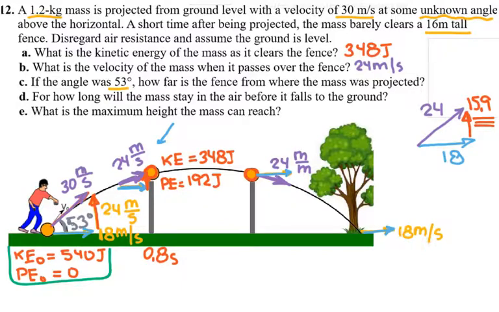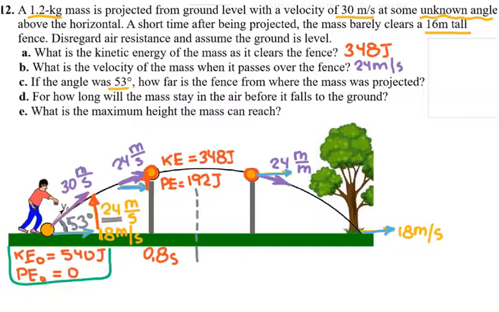Now the time to get to, let me erase this. The time to get to the middle, to the highest point, from this vertical velocity of 24 meters per second, will be 2.4 seconds.